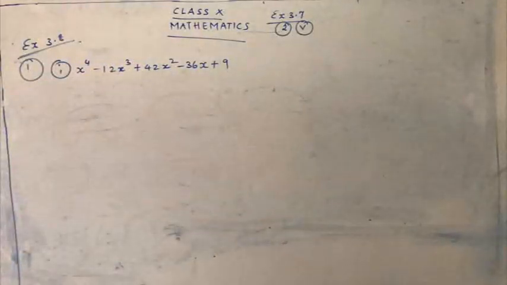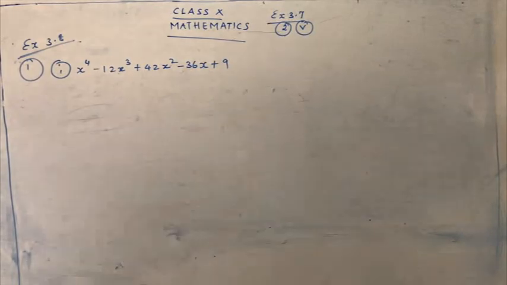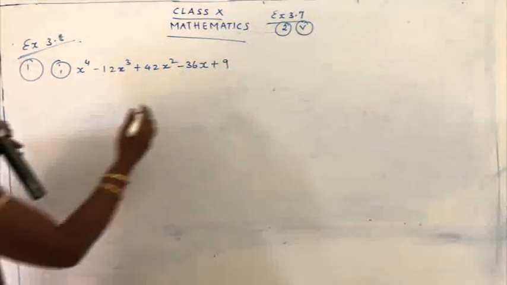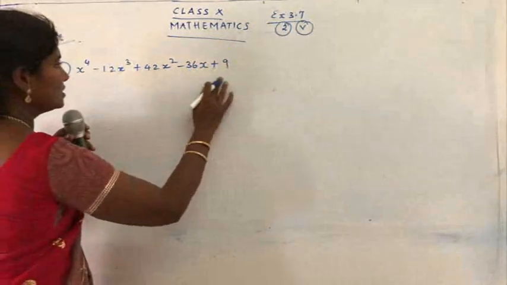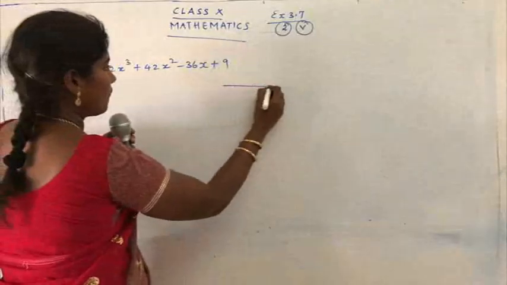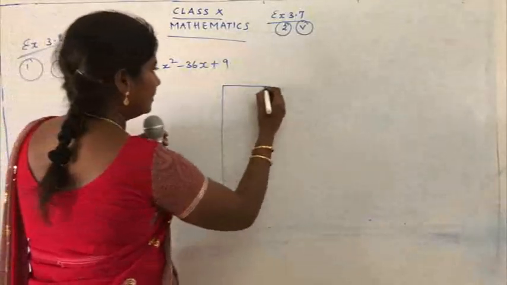It may be for application also. They may change the numbers, they may change the variables, and they may ask you to solve the sum. So you have to be clear with the methods. Let's see how to start the sum. First, just draw a division line over here. Take it a little bigger, okay? You take a little bigger.